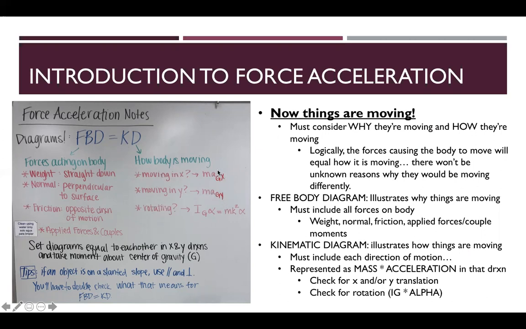And if the body is rotating, you have Ig alpha, where alpha is the angular acceleration and Ig is the moment of inertia about the center of mass. This is the equivalent formula for Ig. Usually you'll be given k, you use that formula, and then plug in for alpha.